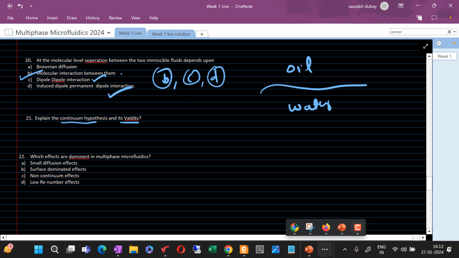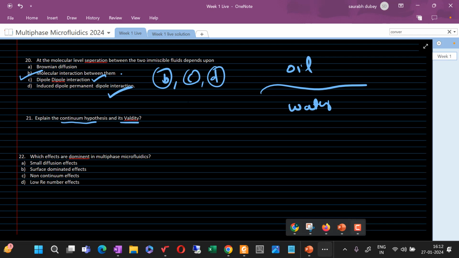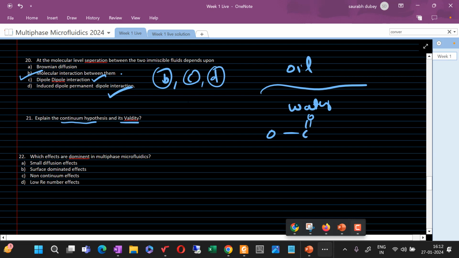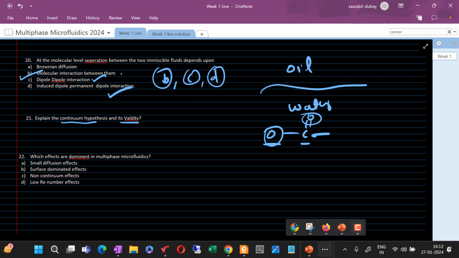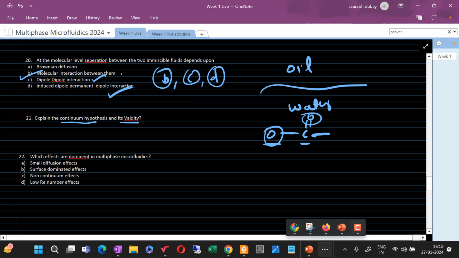There will be a hydrophobic group, but there are many hydroxy-based oils and triglycerides. These have bonds of the O, C double bond O kind of setup. Here there is an electronegativity gradient at the bond level, so there will be some induction in the charge.